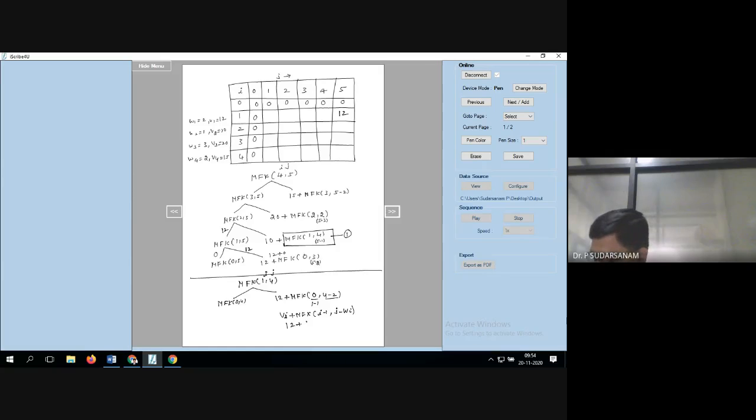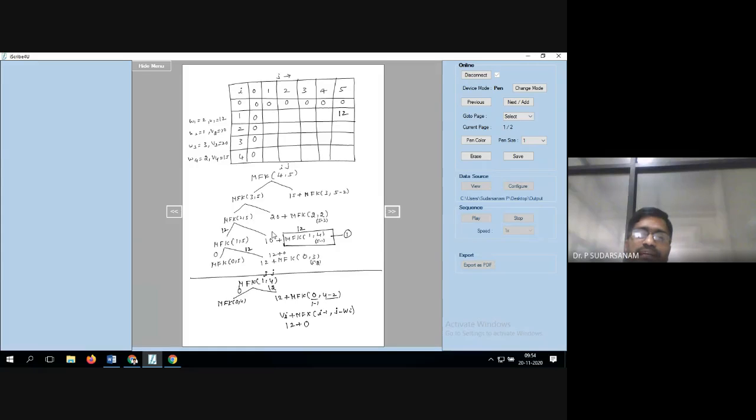Right, that is 0. So 12 plus 0 is 12 only. On the right hand side 12; on the left hand side, 0 comma 4 in the table is 0. Any doubt up to here? So MFK of 1 comma 4 is 12. I'll write it here directly, 12.